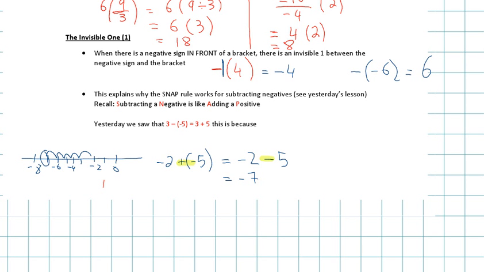Okay, now let's try this. I have -4 minus -3. So you gave me the answer. Show me how you did it. So what do I write first? -4. -3.